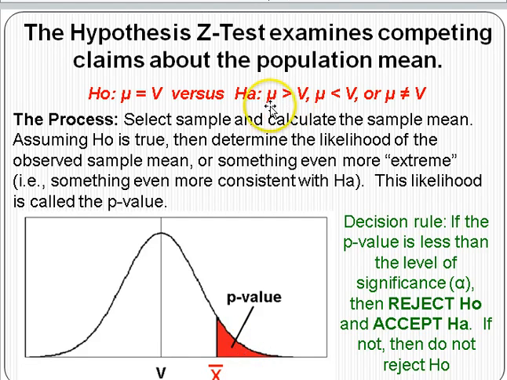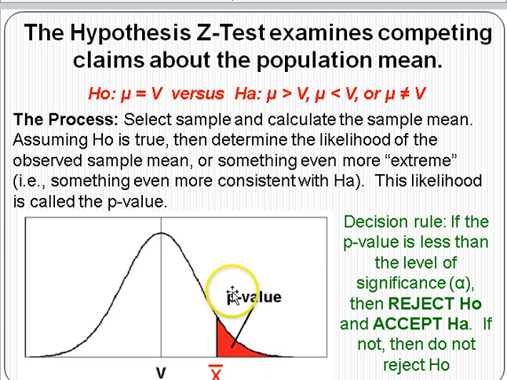So if our alternative is that the mean is greater than some value, here's V, we hypothesize that the mean is greater than V. So sample means that are consistent with the alternative would be values that are significantly greater than V. So this might be our sample mean that's bigger than V, or one up here, or one up here, or one up here. In other words, you can go farther and farther away. All of those would be more consistent with the alternative.